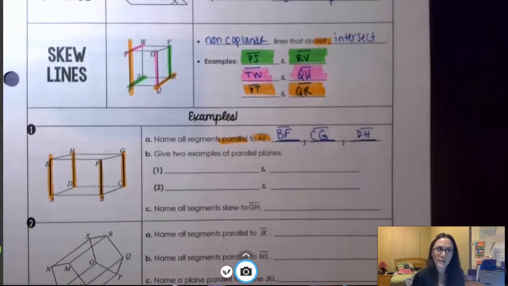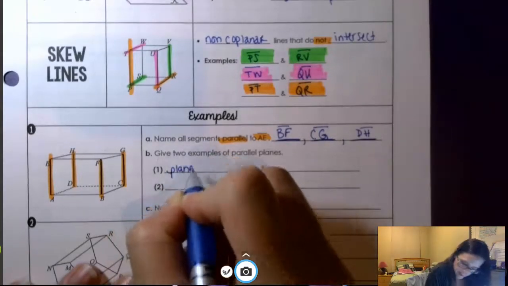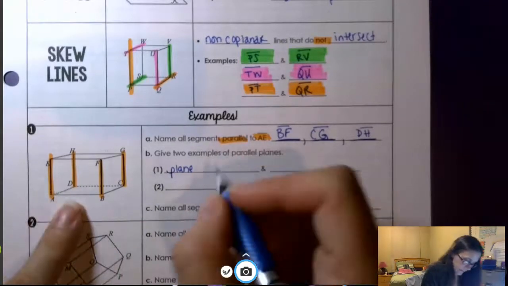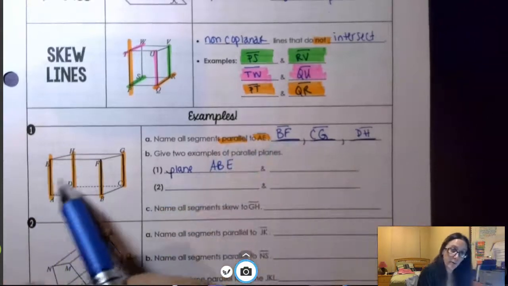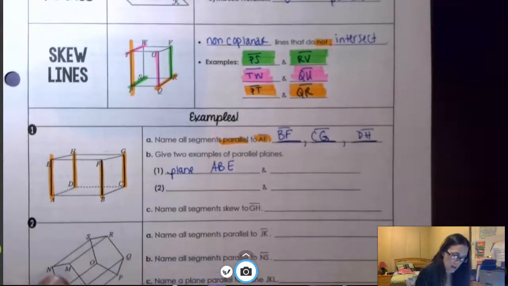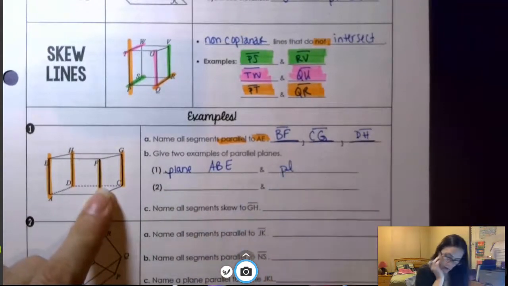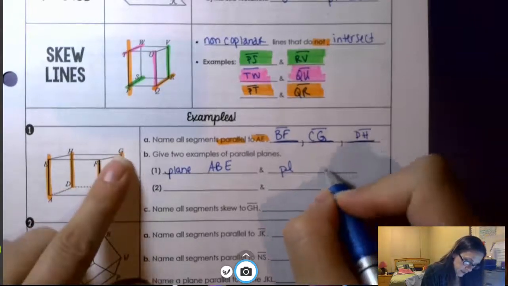Okay, so next, give examples of parallel planes. So usually when you name a plane, you're going to name 3 points on the plane to name it. So I could say, let's say I called it plane ABE. AB is the front plane of like a tissue box. So the plane on the back would be CDG.